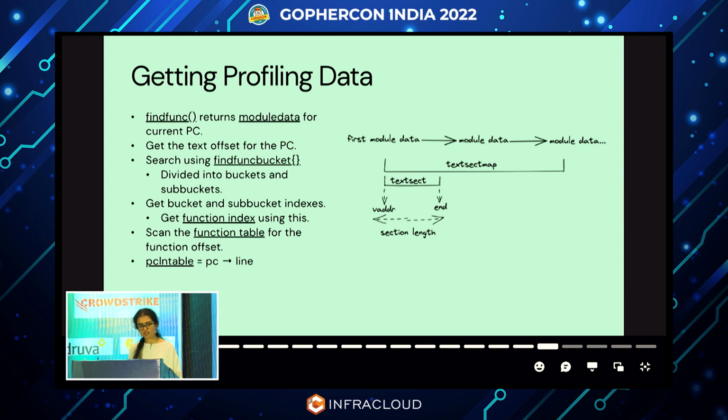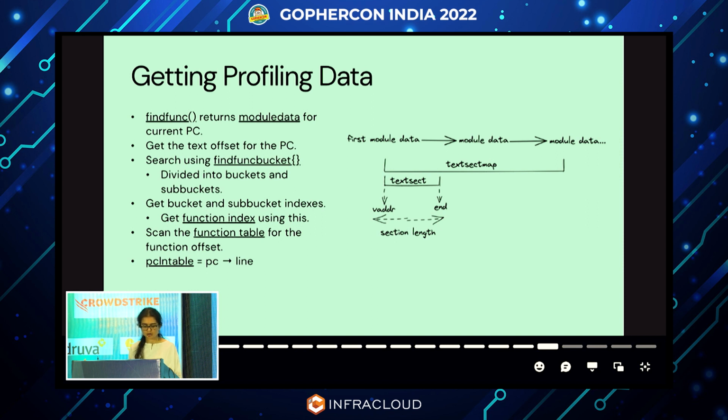And to find the function mapped to that program counter, there is a rather nifty way of doing it by bucketing function data and then further dividing it into sub-buckets based on the program counter alone. So now that we have the offset, let's find the bucket and the sub-bucket.